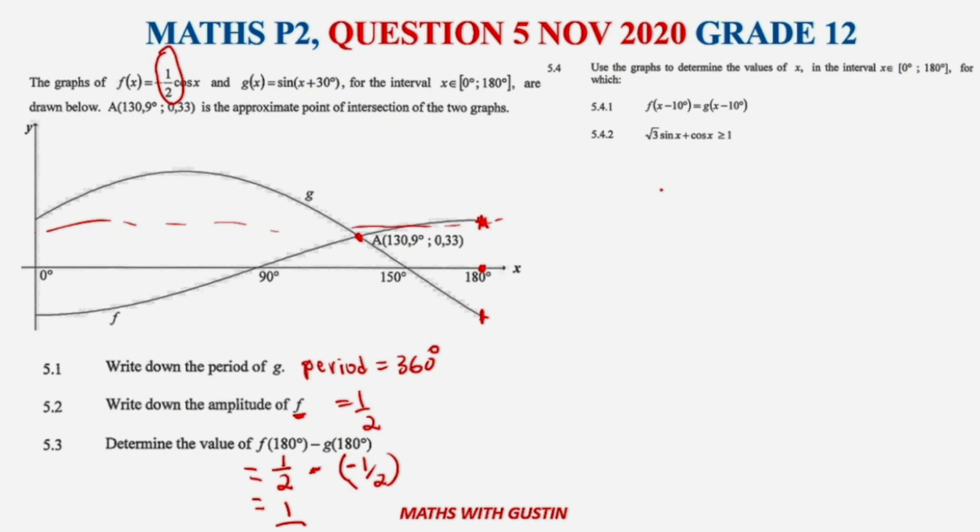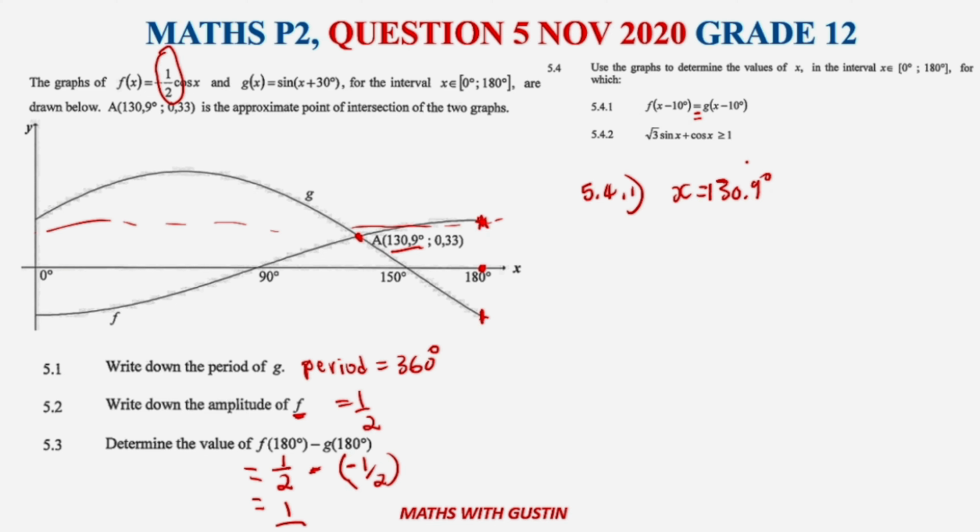So at 5.4.1, it means the x value when these two graphs are equal is given by this here, which is 135.9 degrees.